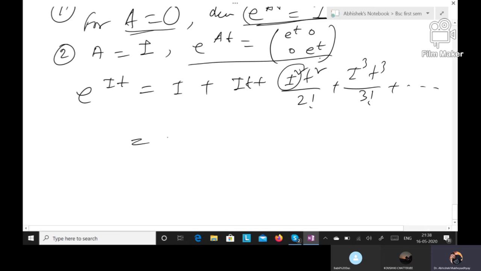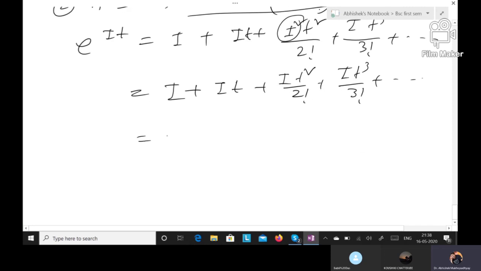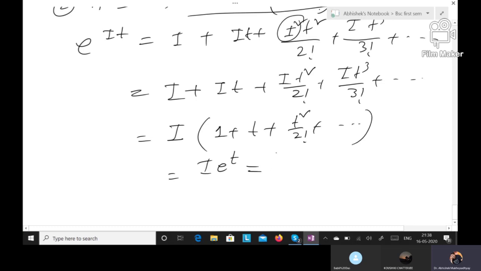So this is I plus It plus I t square by 2 factorial plus I t cube by 3 factorial and so on. Now taking common the matrix I, this expression will be I into 1 plus t plus t square by 2 factorial and so on. That is I e to the power t. So therefore it is e to the power t 0, 0 e to the power t.